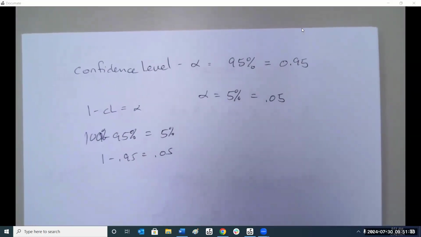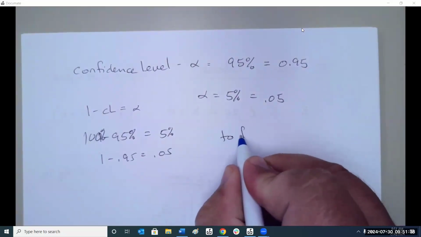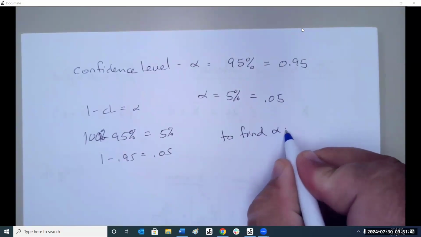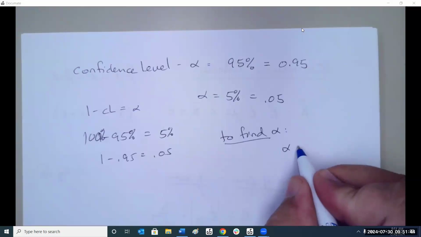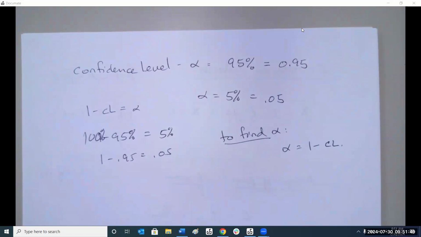So 100% minus 95% is 5%, or 1 minus 0.95 is 0.05. So to find alpha, one minus confidence level.